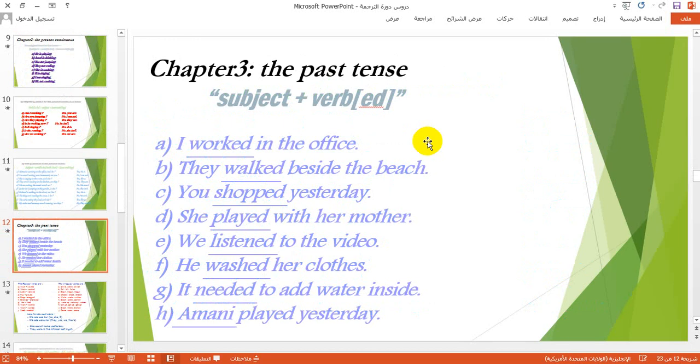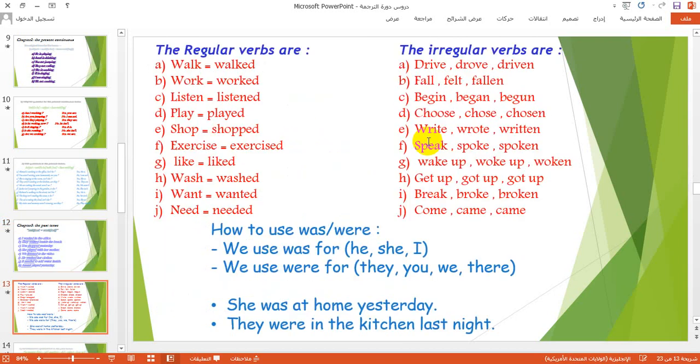Okay, the verbs which end in -ed are the regular verbs, and the irregular verbs do not end in -ed, but they have two words for the past and the past participle, like we'll see here: drive, drove, driven.